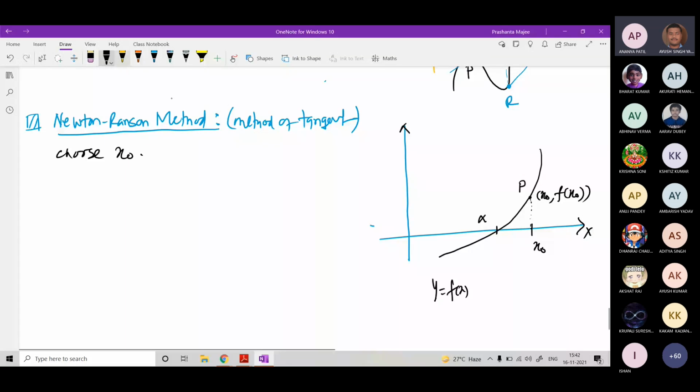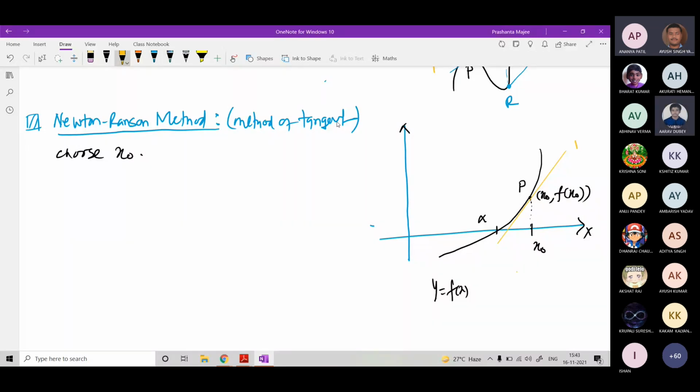Let me draw the tangent. This is the tangent through x0 comma f of x0.